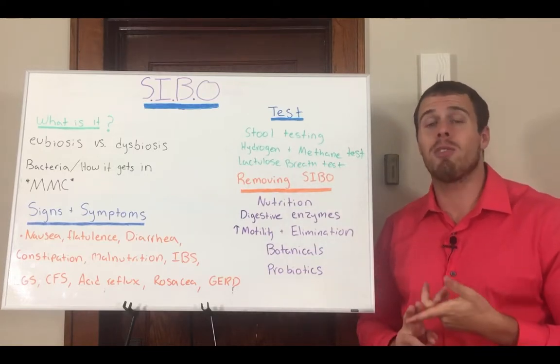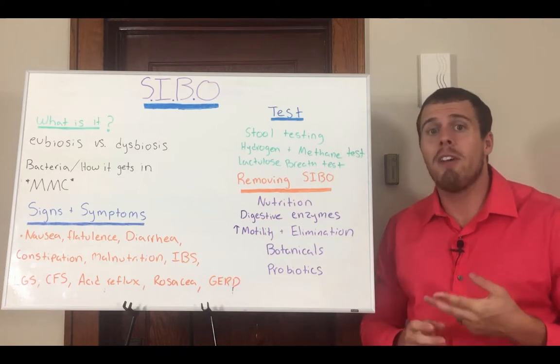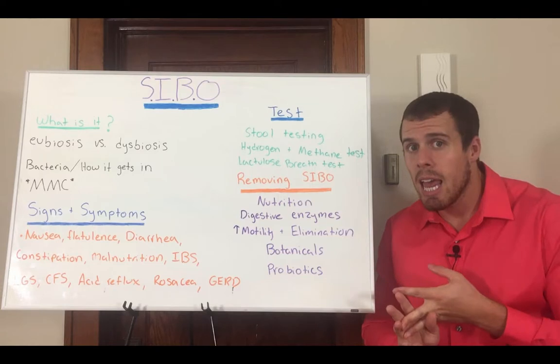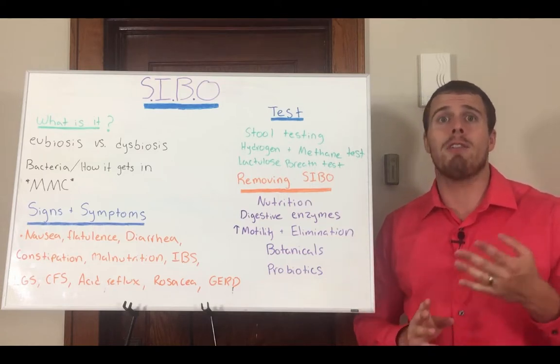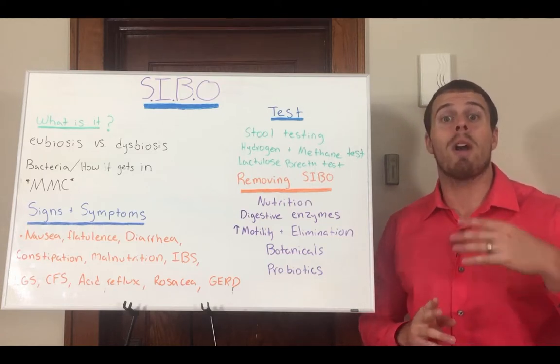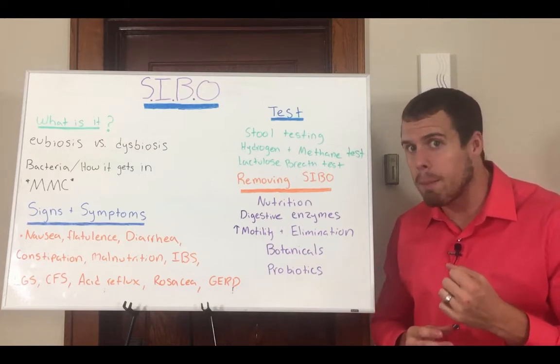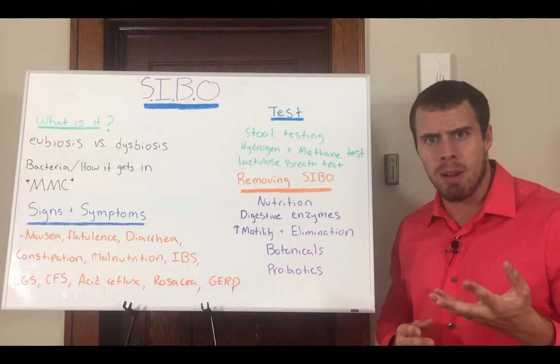Also, before I jump into signs and symptoms, other ways that we can contribute to SIBO is if we're taking excessive antibiotics, if we have excessive yeast overgrowth, if there's a parasite in the GI tract, or if the gallbladder's not working correctly, we're not producing or secreting bile to break down lipids and fats.